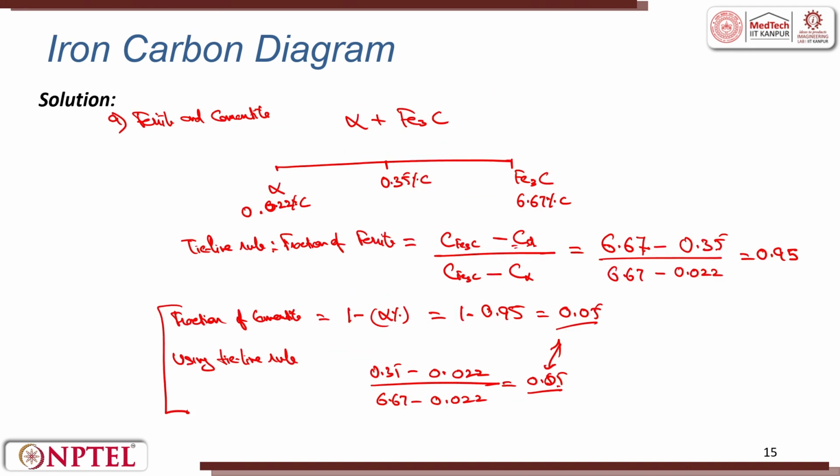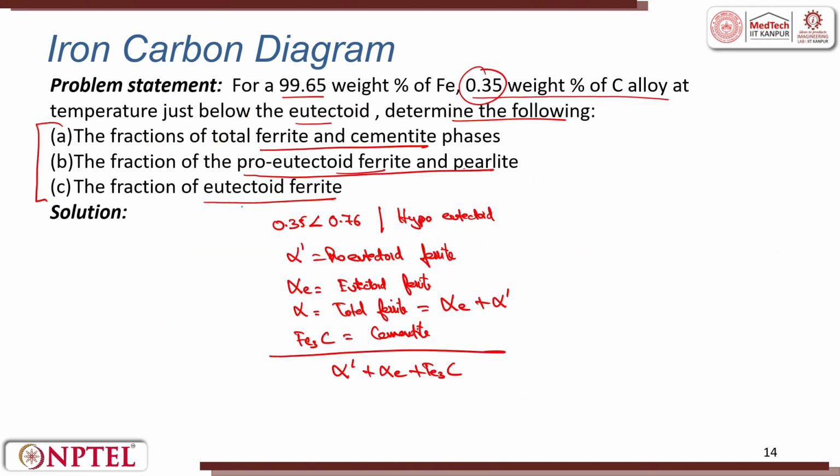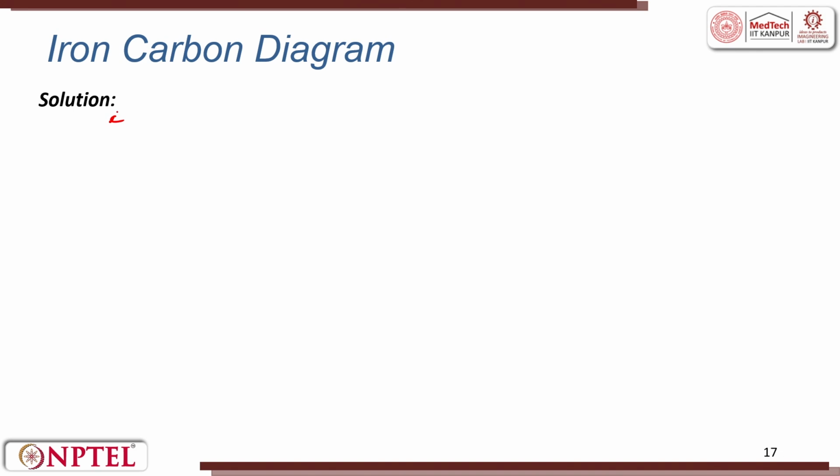Now, the third part is the fraction of eutectoid ferrite. Eutectoid ferrite is calculated using the total ferrite.